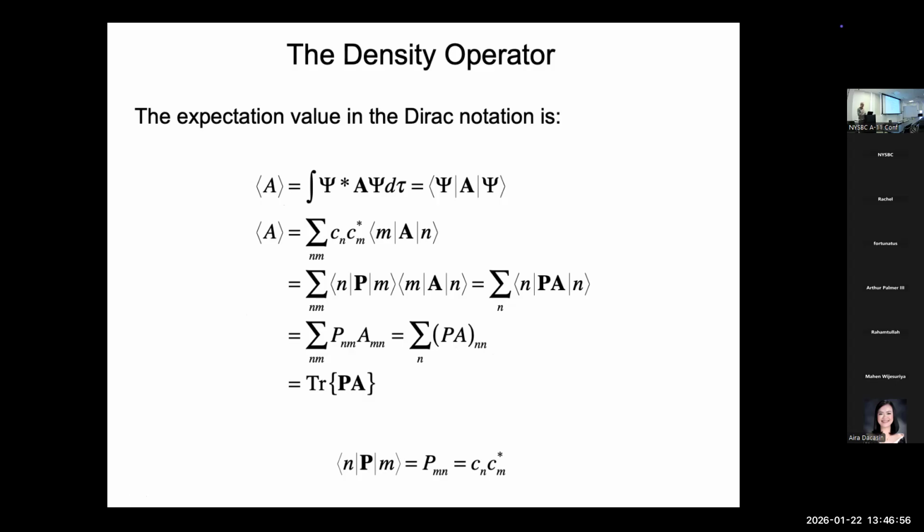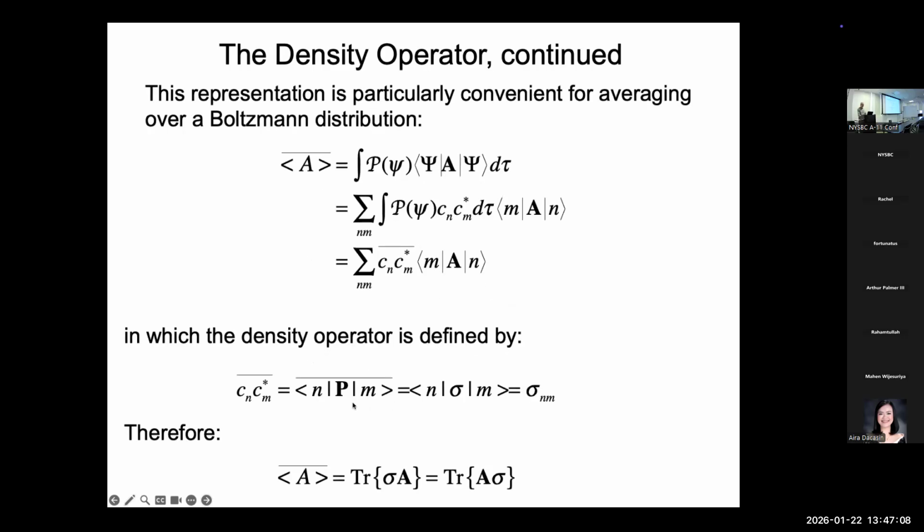And now we want to generalize this for the fact that we have a Boltzmann distribution, and this picture turns out to be very convenient for doing that generalization, because we're just going to try to average over a Boltzmann distribution.